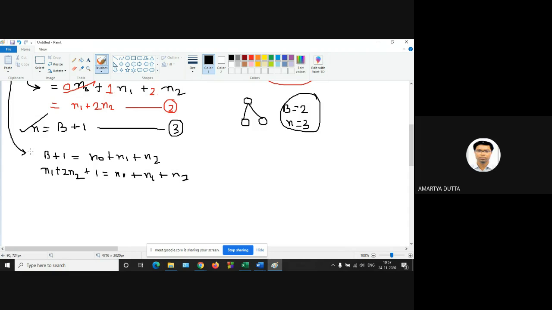So finally n1 and n1 cancel out and we get the formula n0 is equal to n2 plus 1. Is it clear? Yes, sir. This is the lemma. This is one of the most important theorems or lemmas.